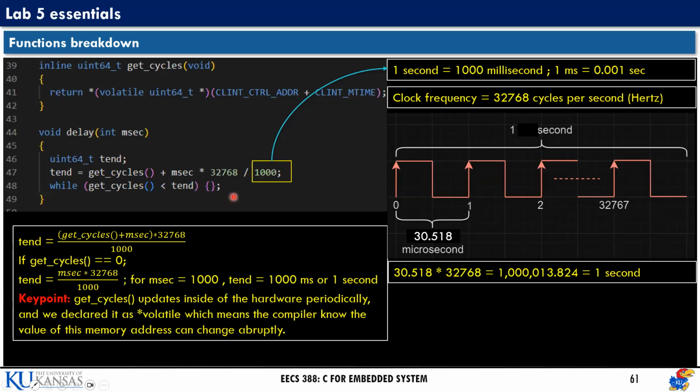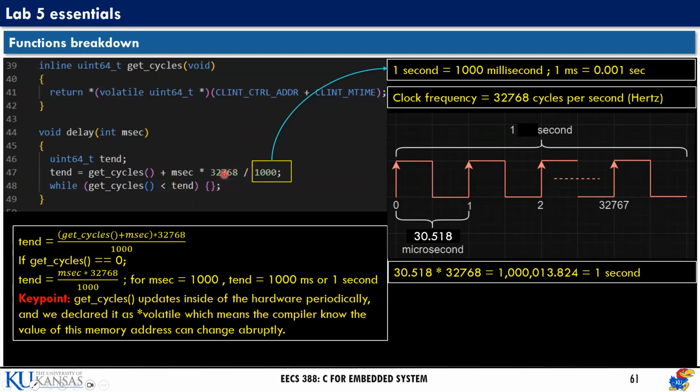Then we add, based on our millisecond, a value multiplied by a factor. This factor is telling you how many milliseconds you want to add to your get cycles. So if it is 1000, this equation would give you only the value 1000, and that means yes, we can have the delay of 1000 millisecond, right?